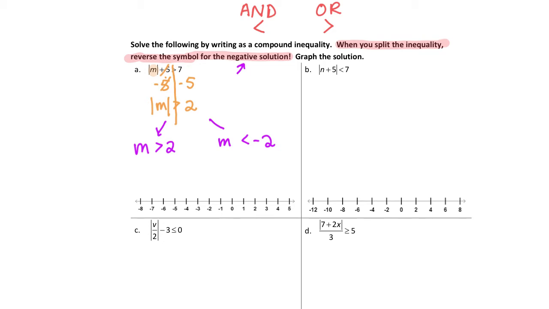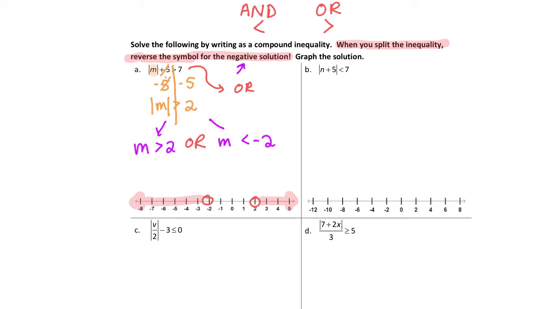So since we started here with a greater than, this one's going to end up being an or. So we're just going to put an or in between those two. And then I can see I've got two open circles, one at -2, one at +2, and since it's an or, I'm going to shade on the outside here. Don't forget those arrows. And there's my graph.